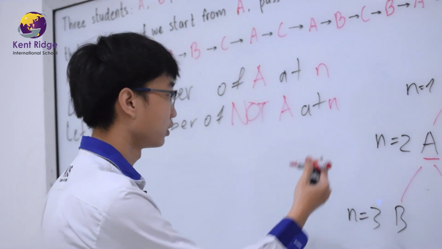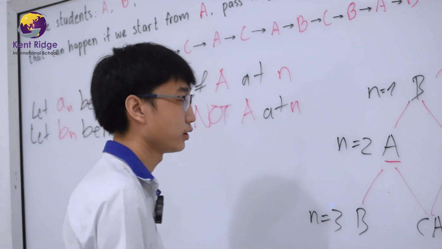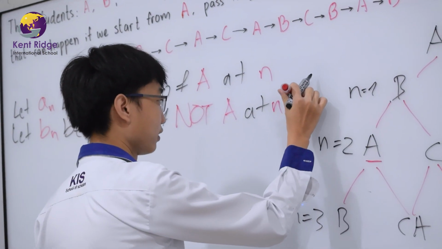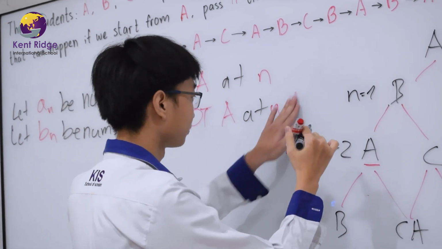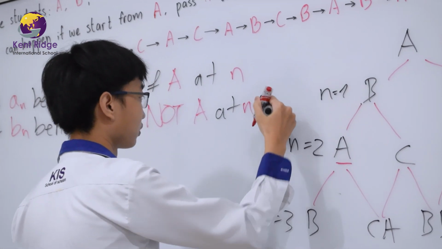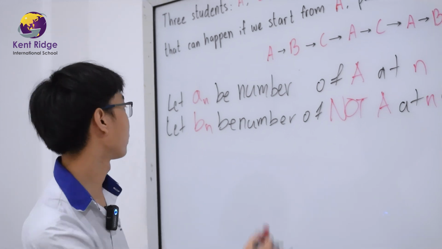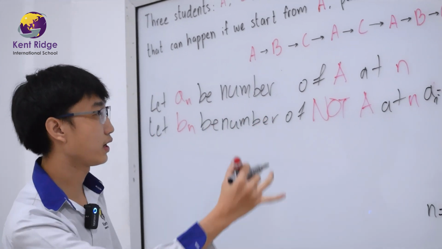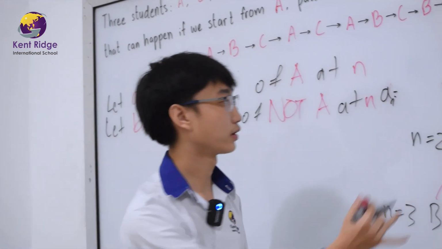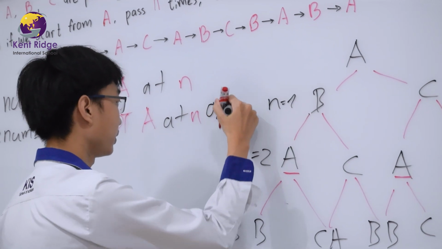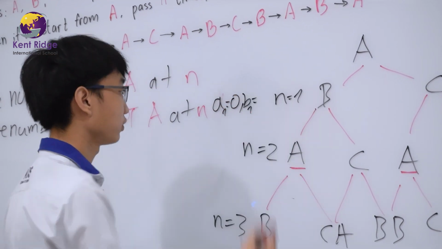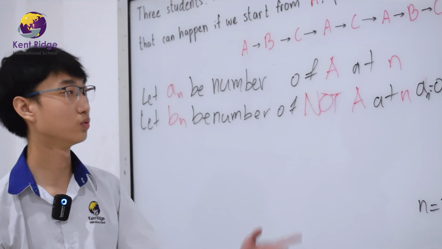So for example, this over here would be A1, and A1 is the number of A at depth 1, so that's going to be 0. B1, however, is 2.